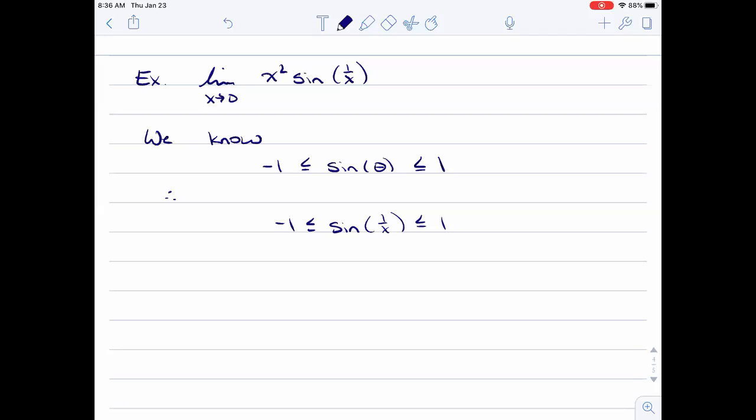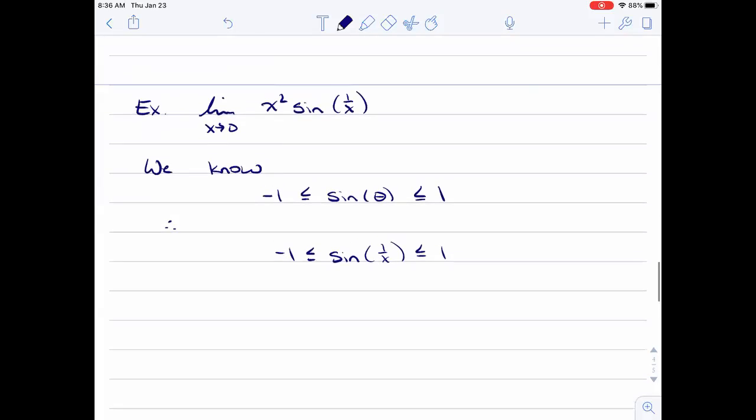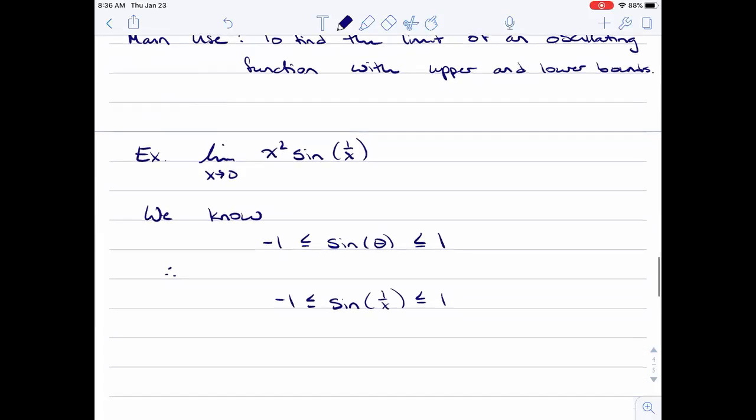So if we know that sine of 1 over x is between -1 and 1, then I want x squared times sine 1 over x. What if I just multiply x squared all the way through? I can multiply all of these pieces by x squared and the inequality would remain the same.